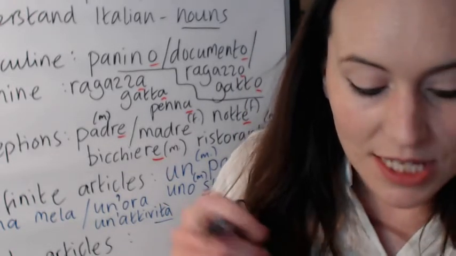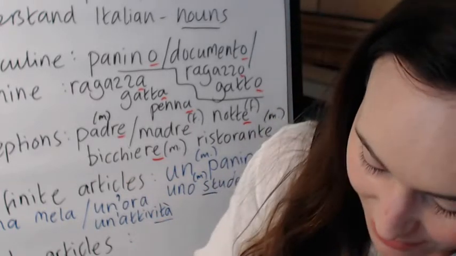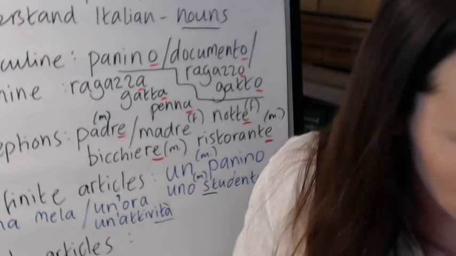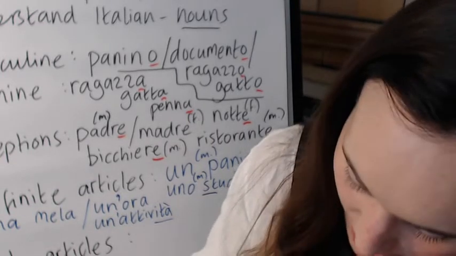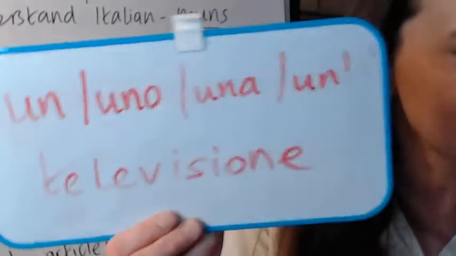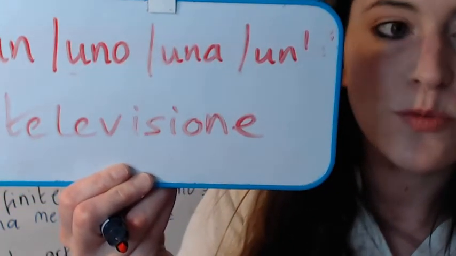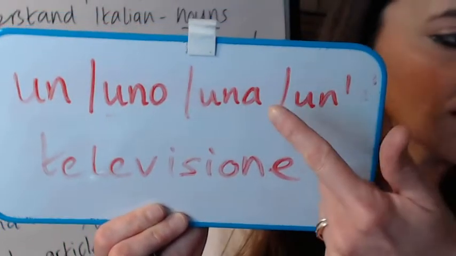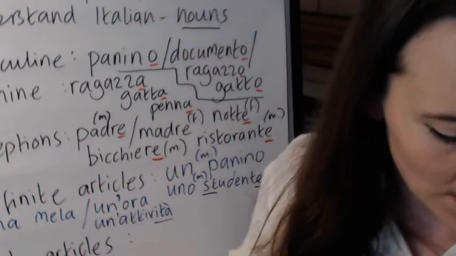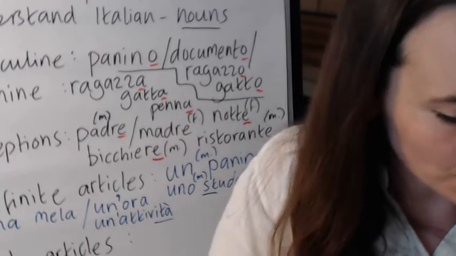Words that end with isione, like televisione, per esempio, they tend to be feminine, okay? Televisione. Pen's running out there. So it's a feminine word. La televisione. Una televisione. So it's this one.